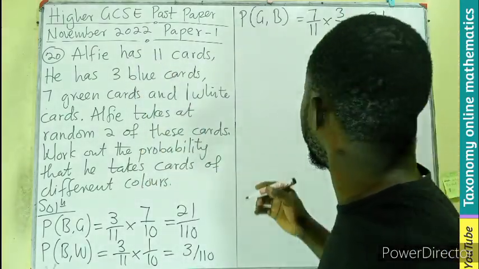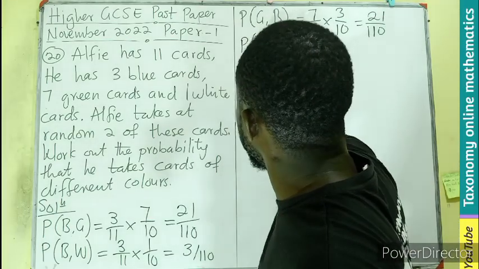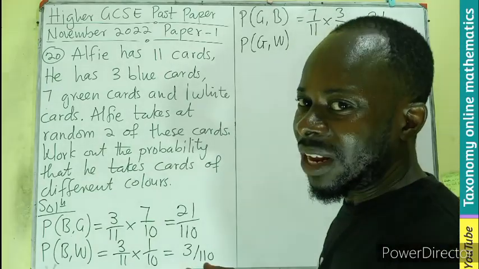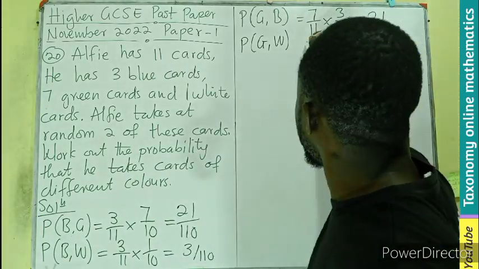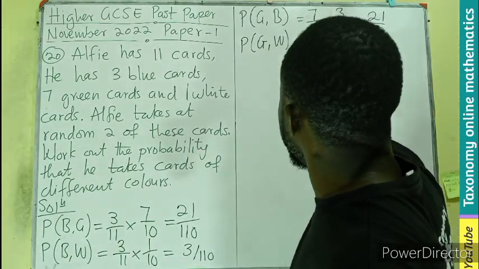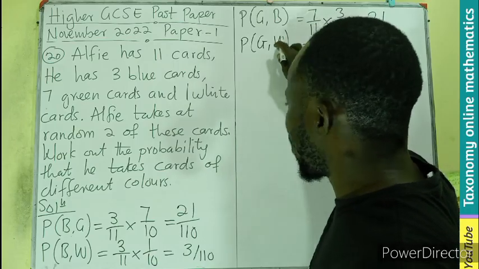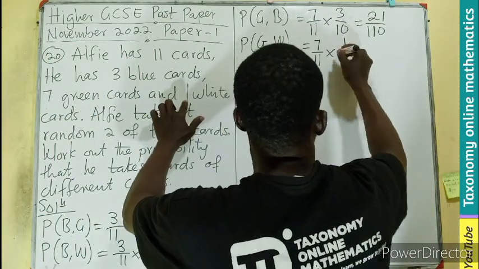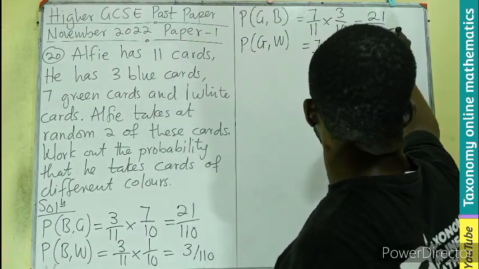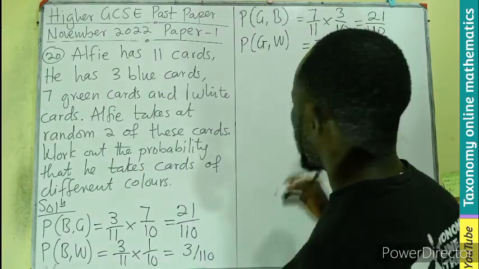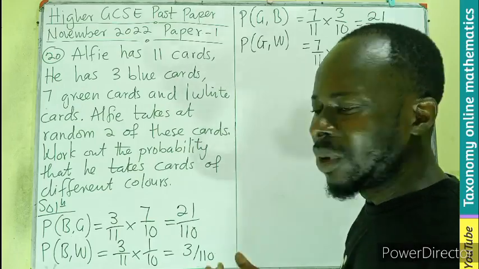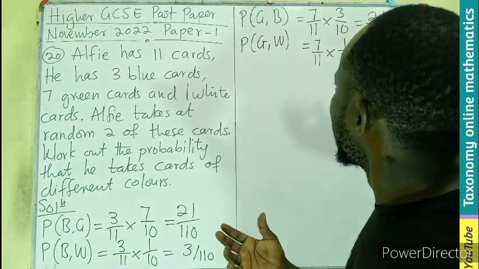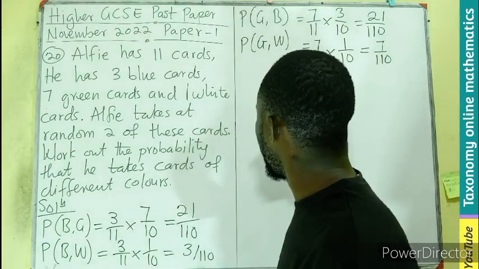That's another chance. It could also mean that it could be green for the first time, then white for the second time, right? So if I'm going for green, that will be 7 on 11. White will also be, how many are they? 1 out of what? 10. So this gives us 7 on 110. Is that the only choice we can get? It could also mean that we can go for white and blue as well, right?